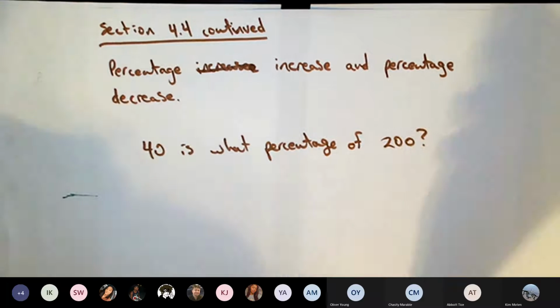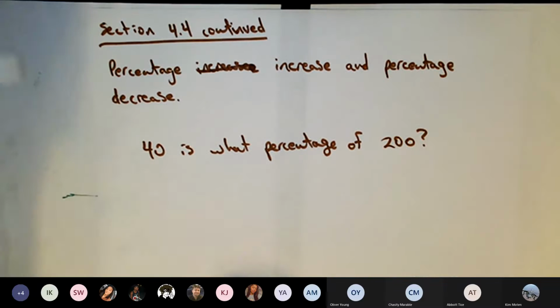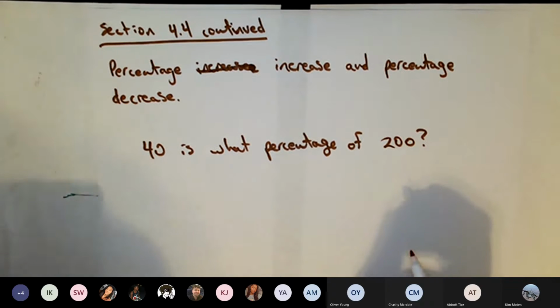Let's just keep it simple. This one should be a nice round, even whole number percentage, just to keep it simple. I'm just reminding you how we would solve something like this. 40 is what percentage of 200?